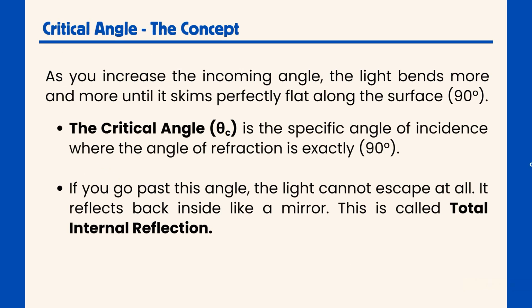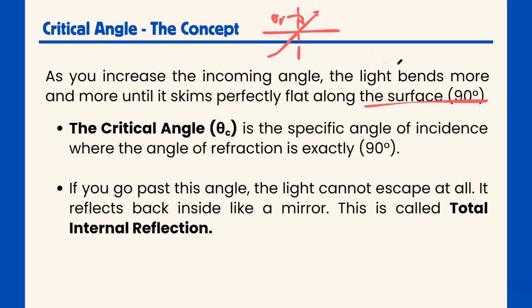What is critical angle? This happens when you increase the incoming angle, the light bends more and more until it skims perfectly flat along the surface. So if this is what a refraction looks like, like in my previous examples, this is the normal line, and this here is our angle of refraction.